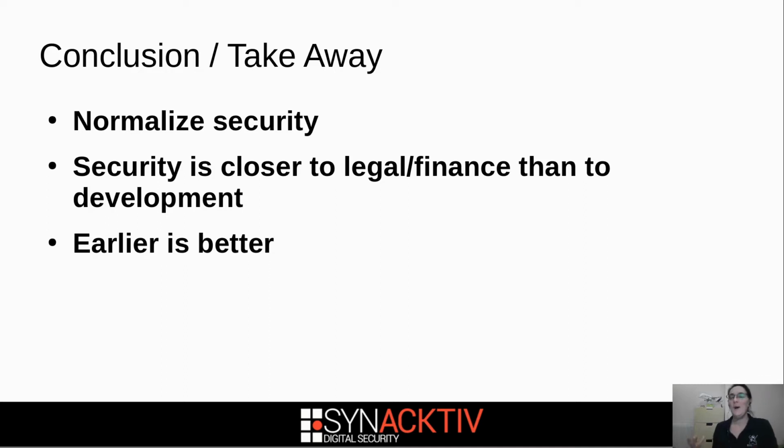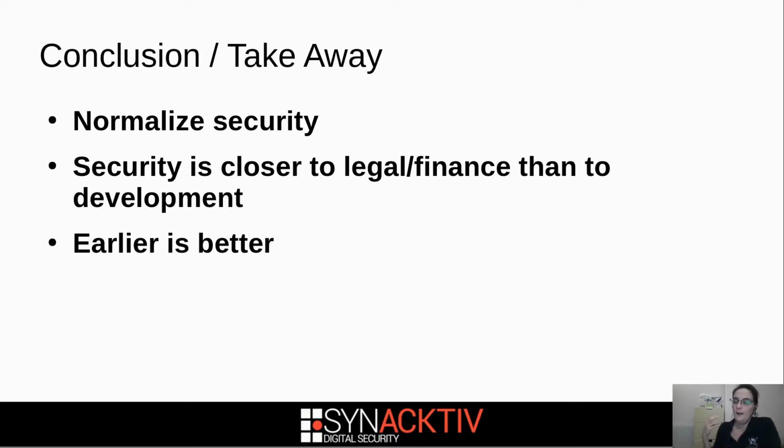So what to conclude about that, what to take away? For me, the best way to be efficient in product security is to normalize security within the project. Do everything like the other streams, development, I don't know, brand, legal are doing, because it helps us fit in and be taken seriously.